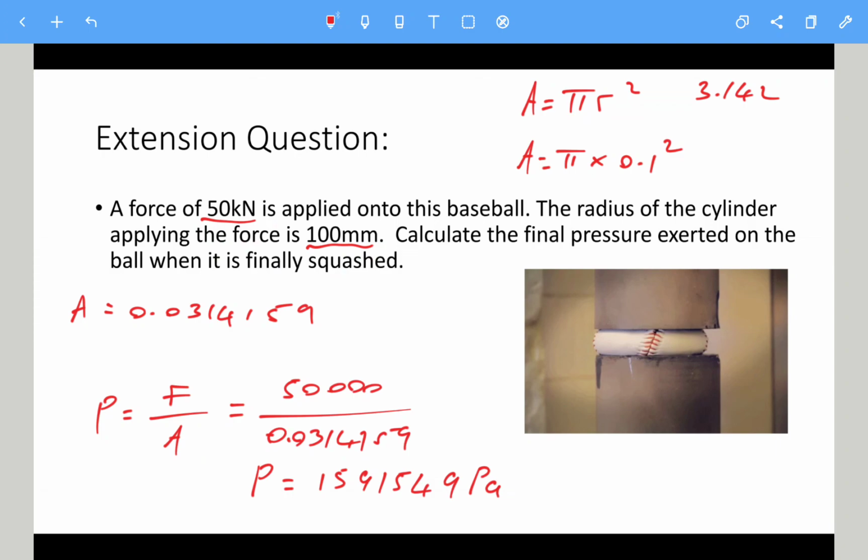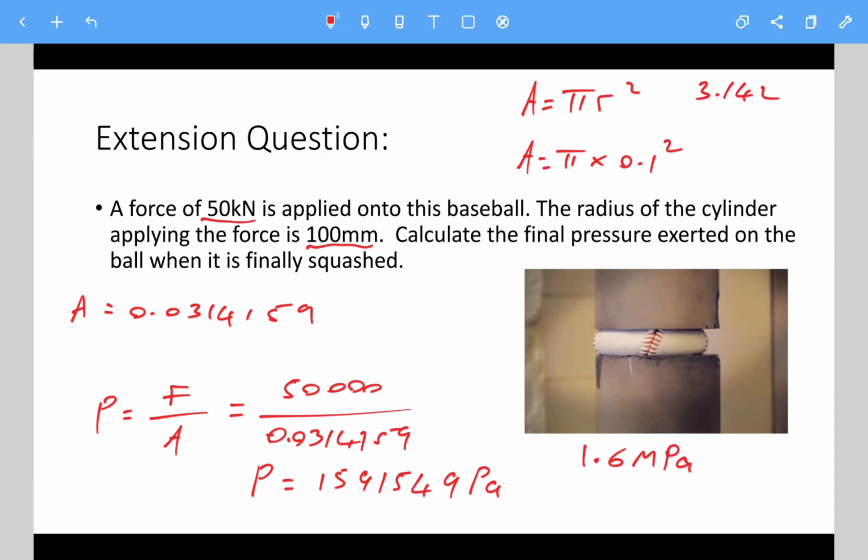If you've got a scientific calculator, you can round that up. Well, you could round it up anyway, obviously, to 1 6 and then 1 2 3 4 5 zeros, or you could say 1.6 megapascals.